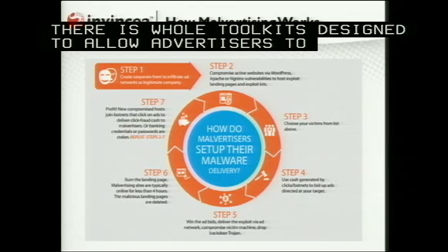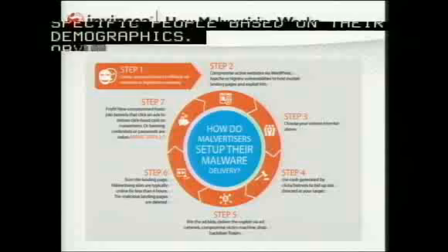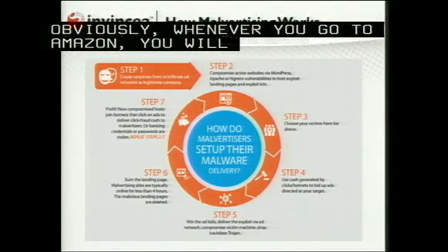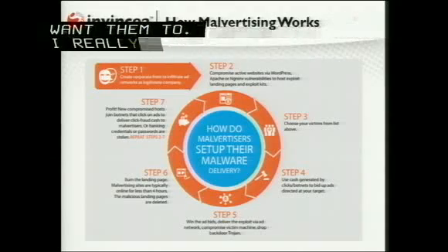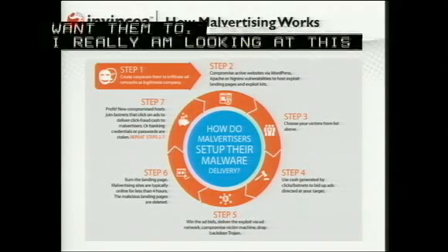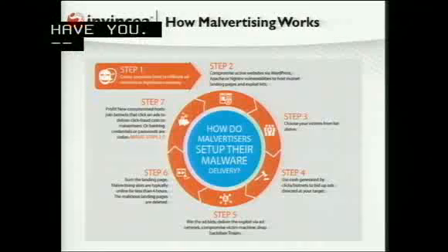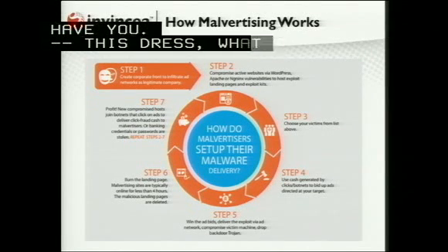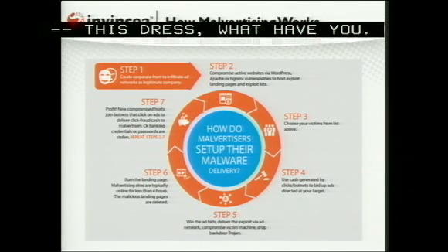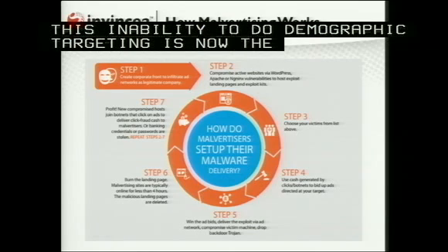Whenever you go to Amazon, you'll notice things show up the way you want them to. Oh, I really am looking at this garden thing or this dress, or what have you. Those same capabilities to do demographic targeting are now being used by adversaries to target companies.